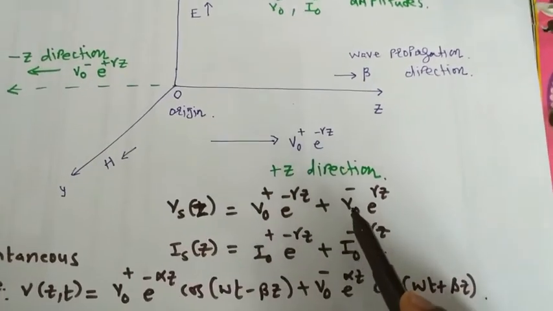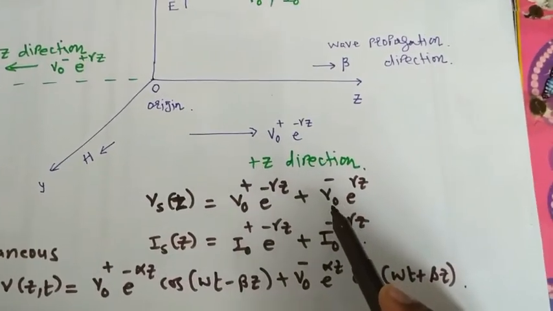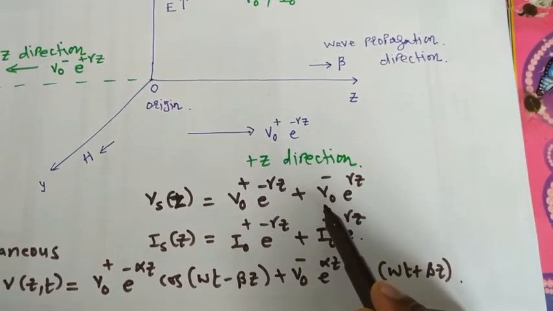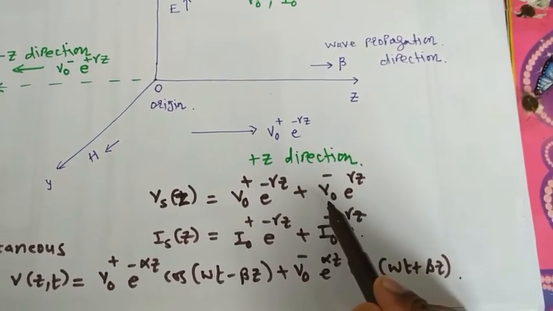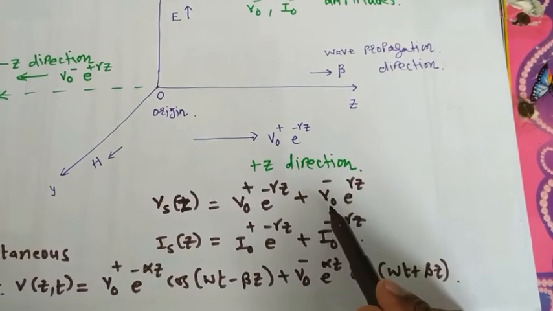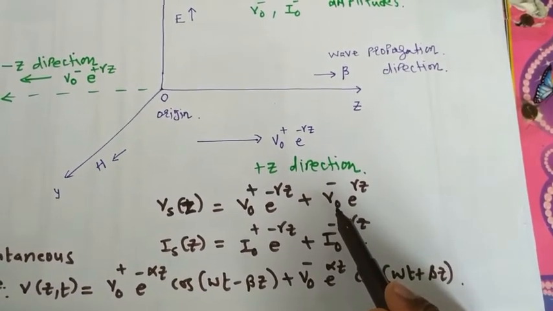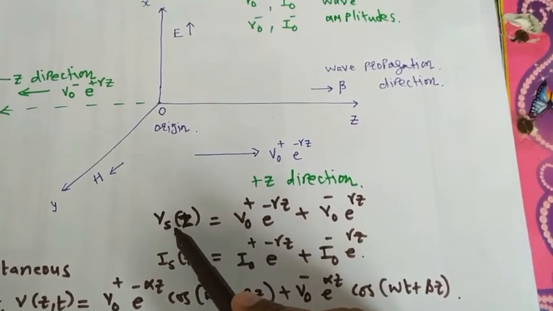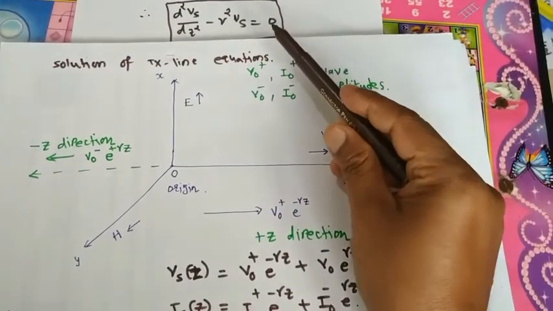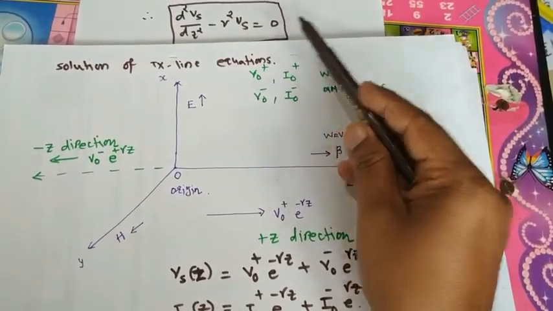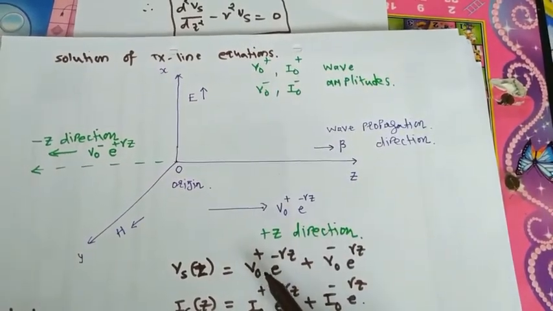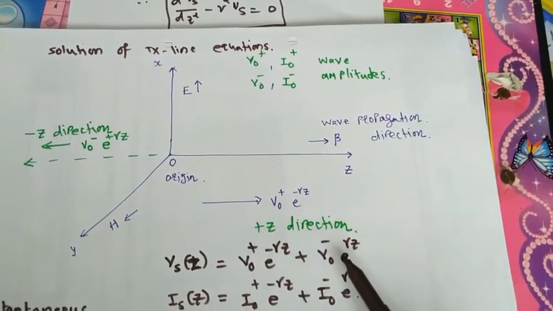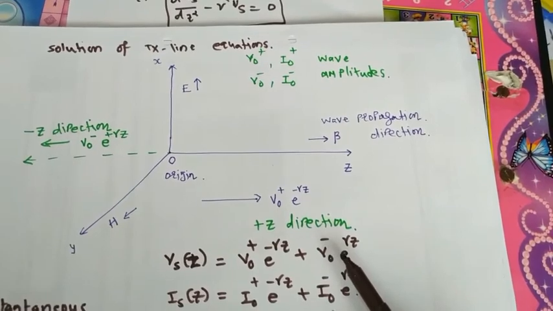Ultimately we can conclude that two waves combine, and finally we obtain the one solution of these transmission line equations, where one wave is moving in a positive z direction and one in a negative z direction.